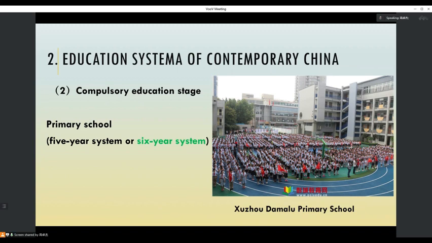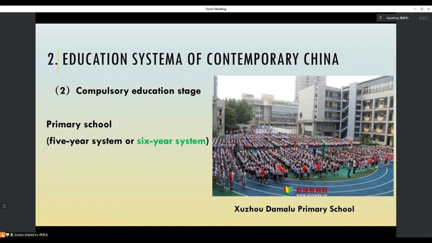China has a huge number of primary schools. In Xuzhou, there are, I think, hundreds of primary schools.